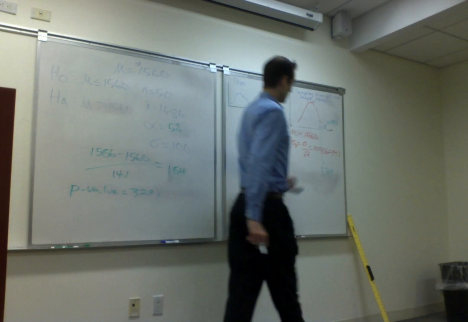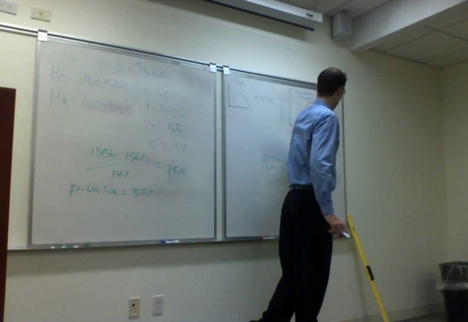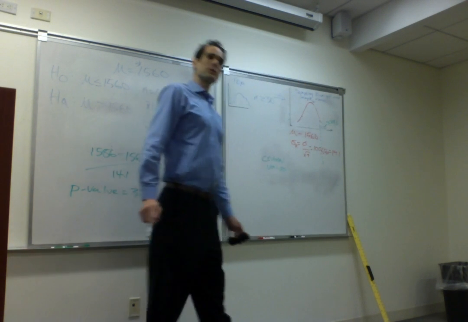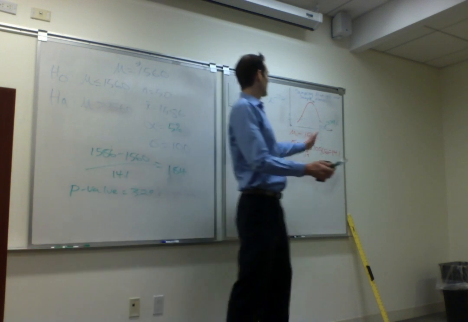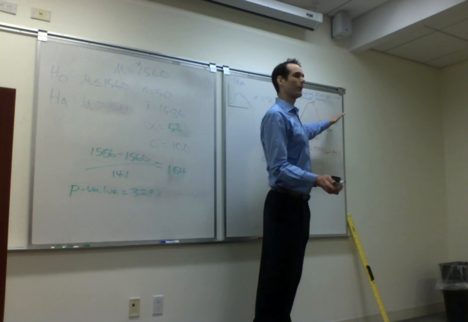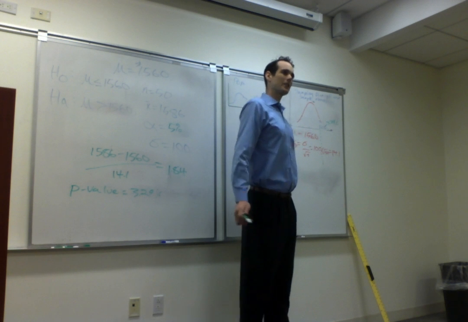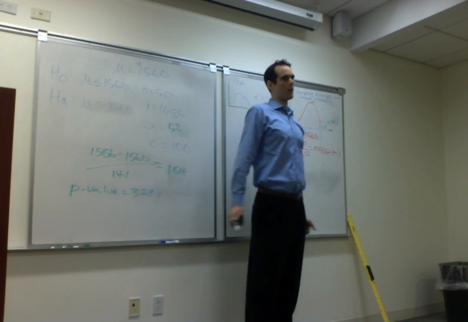What will change will be our critical values. This is a one-tailed test. All we care about is the area under the curve on the tail in question. In this case, all we care about is the upper tail.